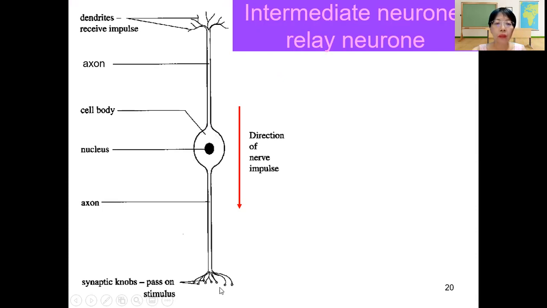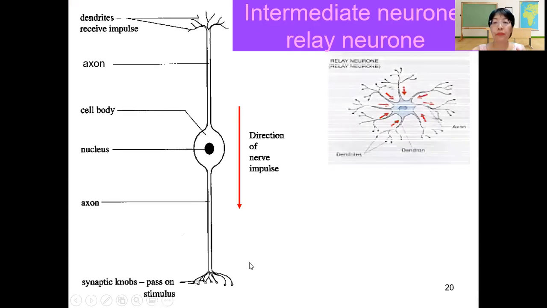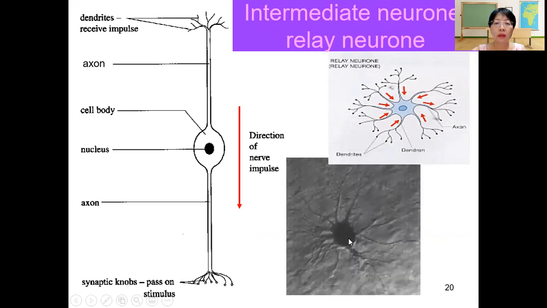Then it ends with the synaptic node. So this is the direction of nerve impulse transmission from dendrite to the synaptic node. This diagram shows these are the dendrites, and then one of them will be the axon. This is a micrograph showing the cell body of an intermediate neuron, with a lot of dendrites and an axon.